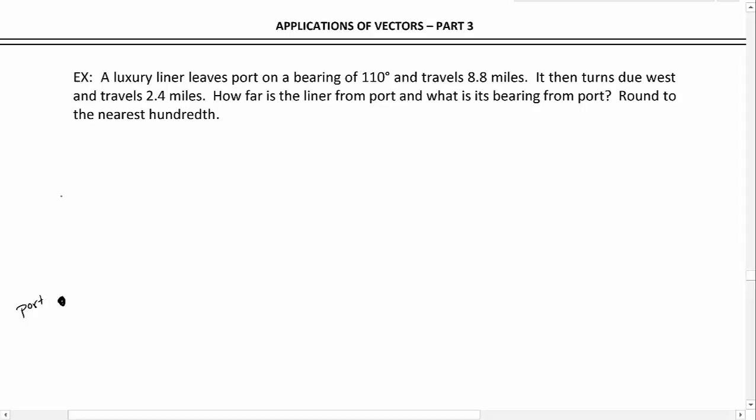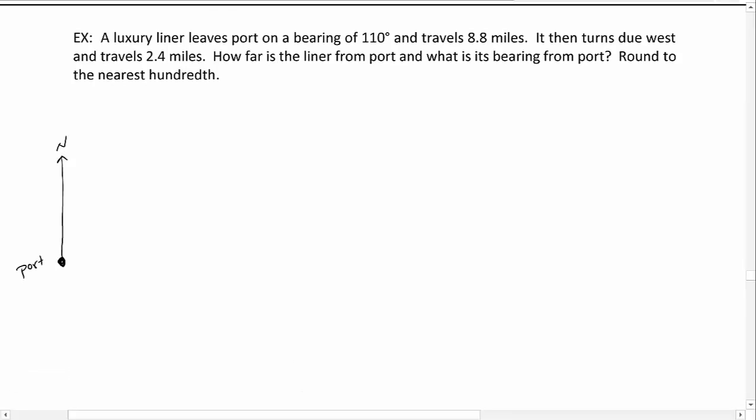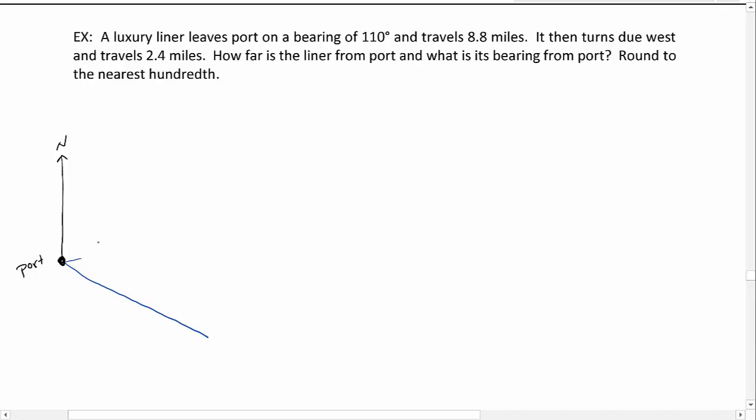Remember, when you're given a single number for a bearing, you start with a due north line, and then you rotate clockwise that many degrees. So if that's 90, 110's about here. And it travels for 8.8 miles.